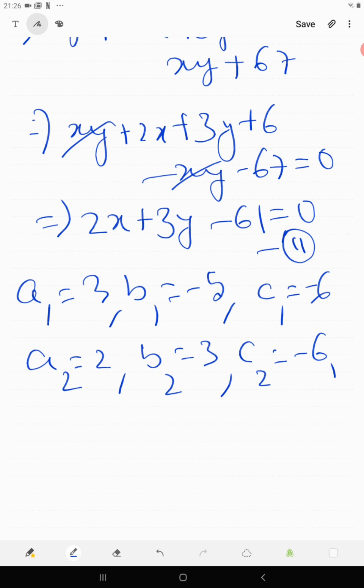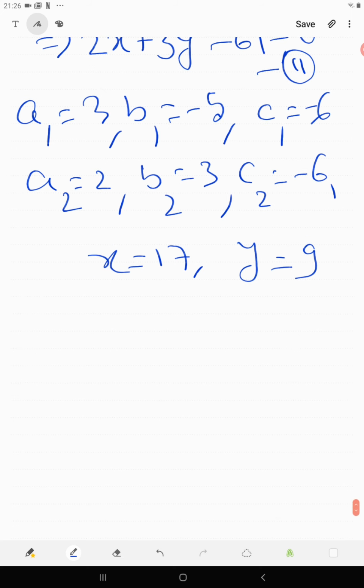Now we will apply the same formula we were using, and what we will get is x equals 17 and y equals 9. Okay, so the length of the rectangle is 17 and the breadth of the rectangle is 9 units. That is our answer. Okay, so this is the way to solve the algebraic equations by the cross multiplication method.